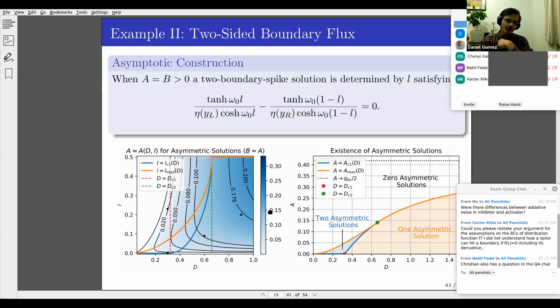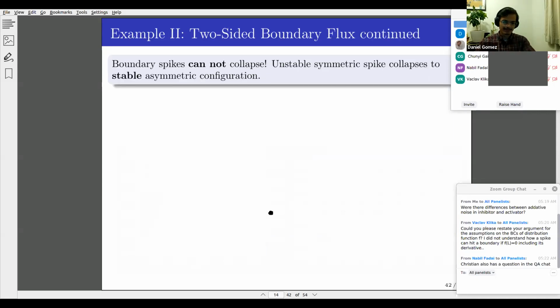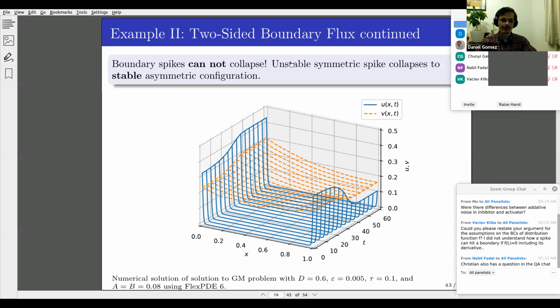This next picture gives you a better sense of what's going on: a symmetric spike can undergo this competition instability in which classically one of the spikes collapses to zero. However, if the spike collapses to zero, the boundary condition would not be satisfied.